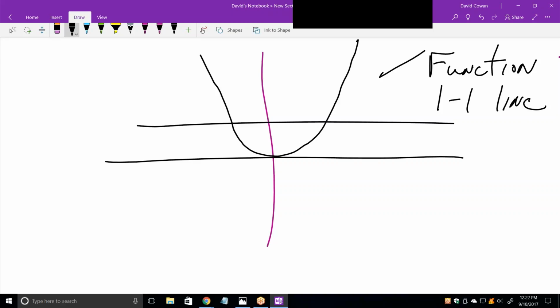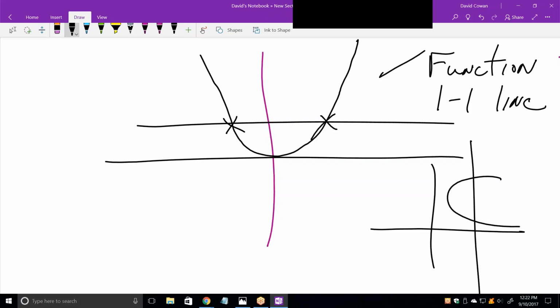Does it pass the one-to-one line test? No, because if I pass a horizontal line through that, I get that value and that value. So all you have to do is pass a vertical line or a horizontal line, and you'll discover whether something is a function. In other words, that is not a function.